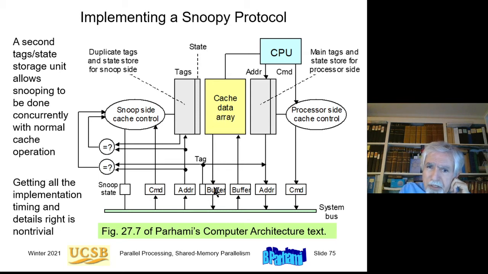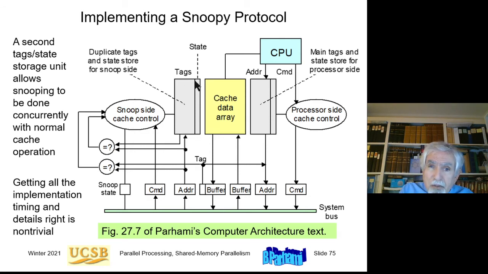It's put in a buffer to be written back into memory, and then the address is sent to memory so that the data is fetched and placed there, and the CPU can now access it. So that's the standard operation of the cache and the way the CPU accesses the cache using the tag store.